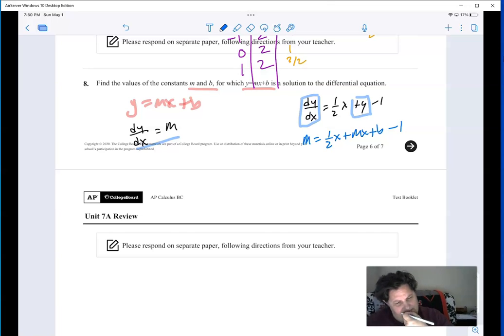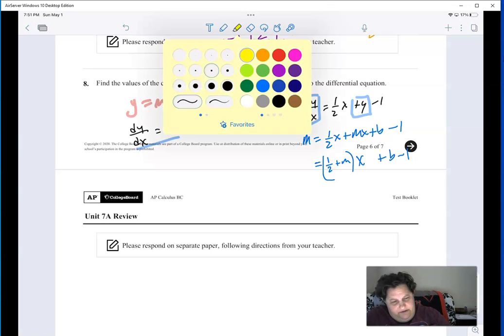Okay, okay, okay, let's see, let's see. So let's say I take out, so 1/2 plus m is the x value, b minus 1. And okay, geez, let's think about this, you guys.